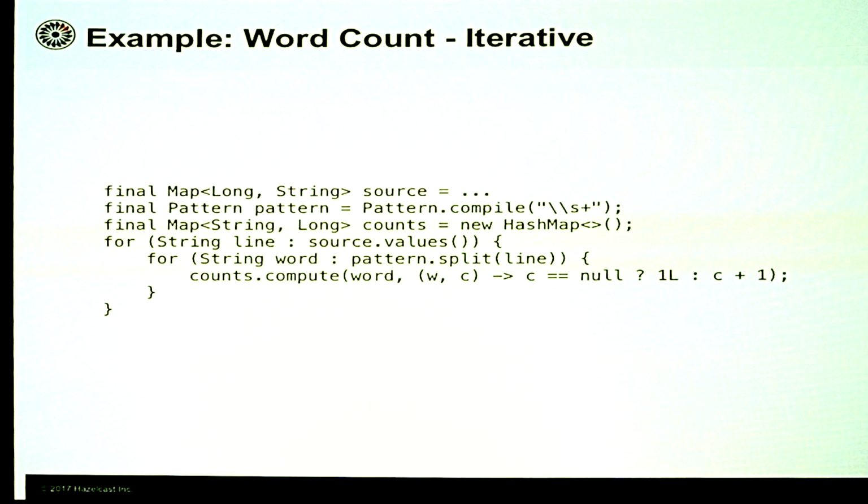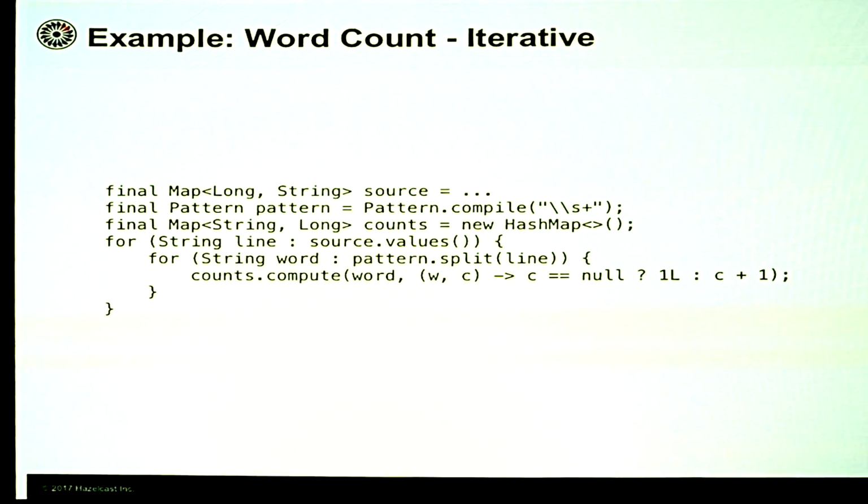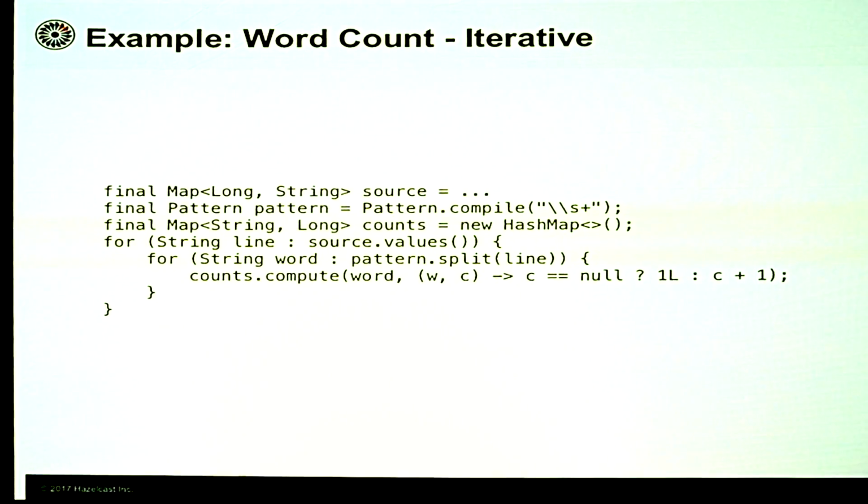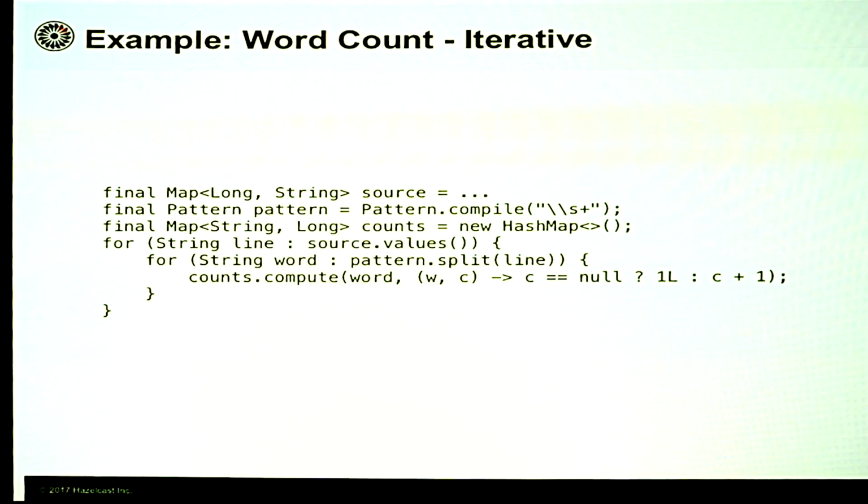Then we'll store those words into a different map, in this case called a counts map, where the key is the word itself, and then we do some computation there: if it's empty, start with 1, and when you merge it, apply +1 as more collisions happen. So automatically, as this loop goes through, you will end up with a map where the key is the word and the value is the count. So that's what we want.